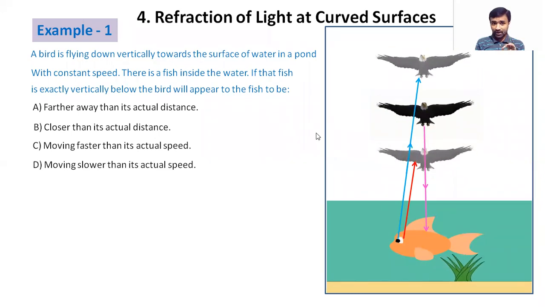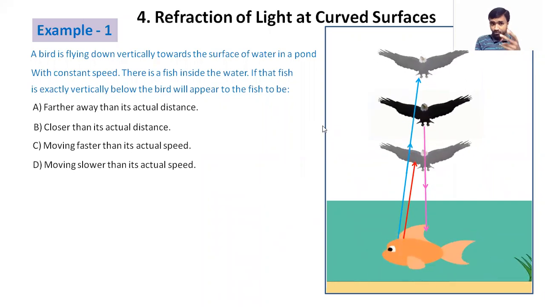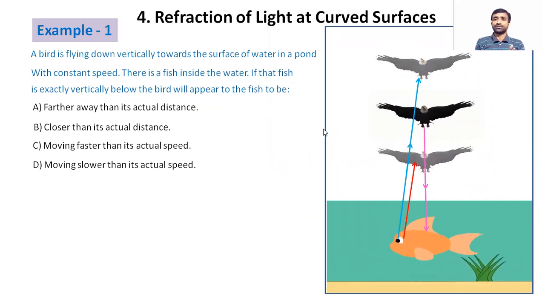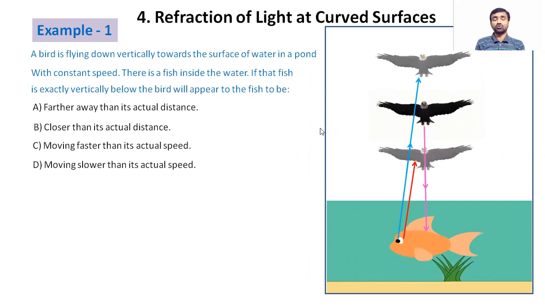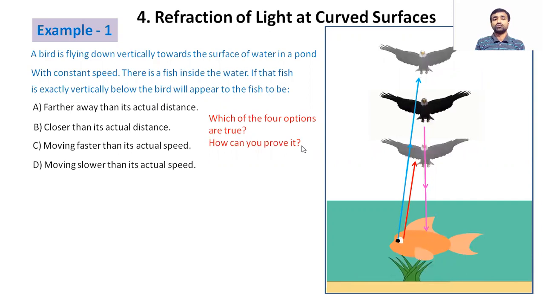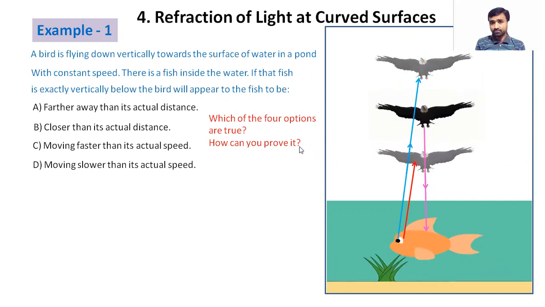So depending on the options, you have to go for another possibility. Suppose A is true, I'll go for C. If B is true, I'll go for D. You are able to prove it, right? So how to prove? Which of the four options are true? How can you prove it? Shall we prove?